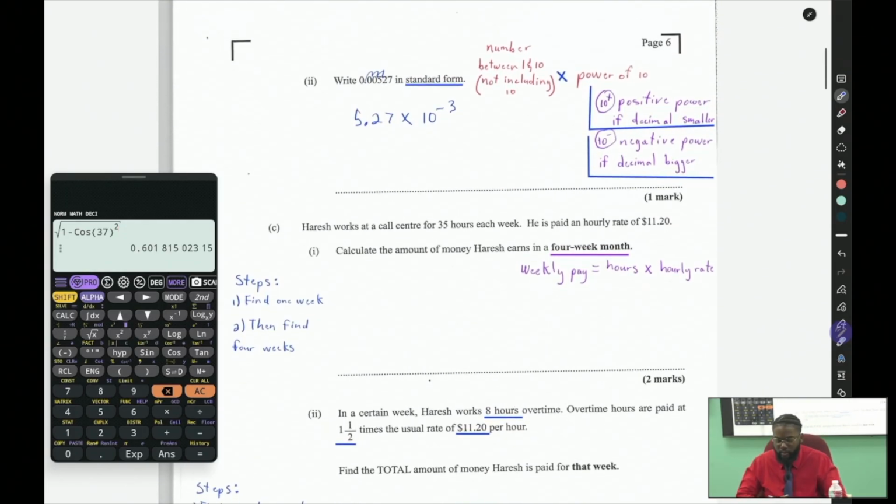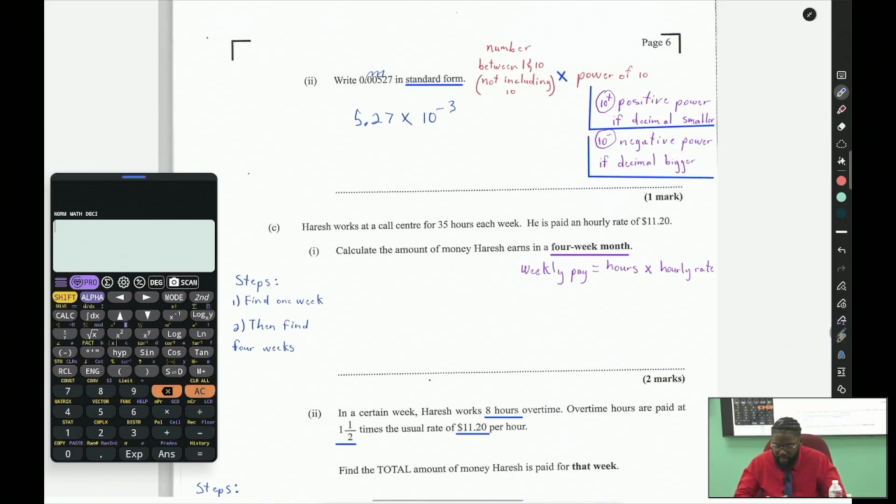So here at part C, we have Haresh works at a call center for 35 hours each week. He is paid an hourly rate of $11.20. Calculate the amount of money Haresh earns in a 4-week month.